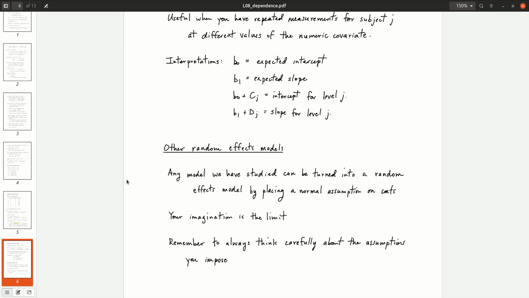But the thing to remember is to always think carefully about the assumptions you're imposing. And this doesn't just apply to random effects models. This applies to everything you do in statistics. Like I said in the very first lecture, statistics is all about deciding what you want to assume to be true, namely your assumptions, and what you want to be estimated from the data, which usually is parameters that specify distributions.